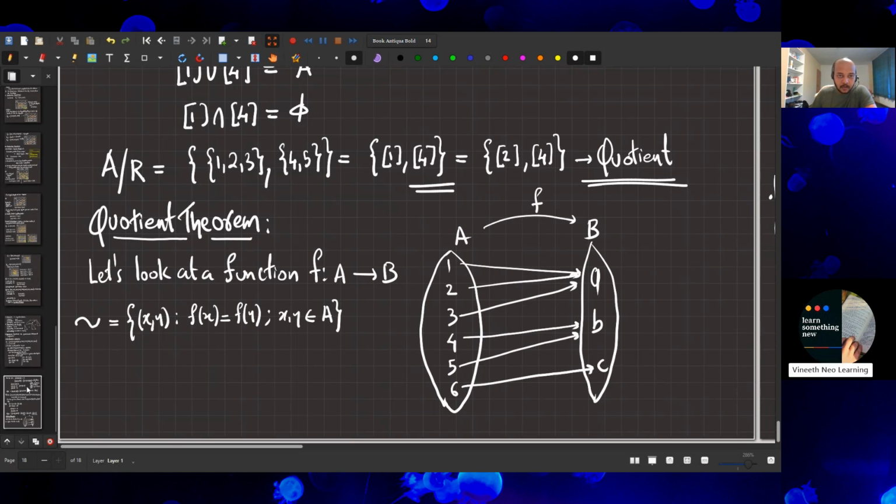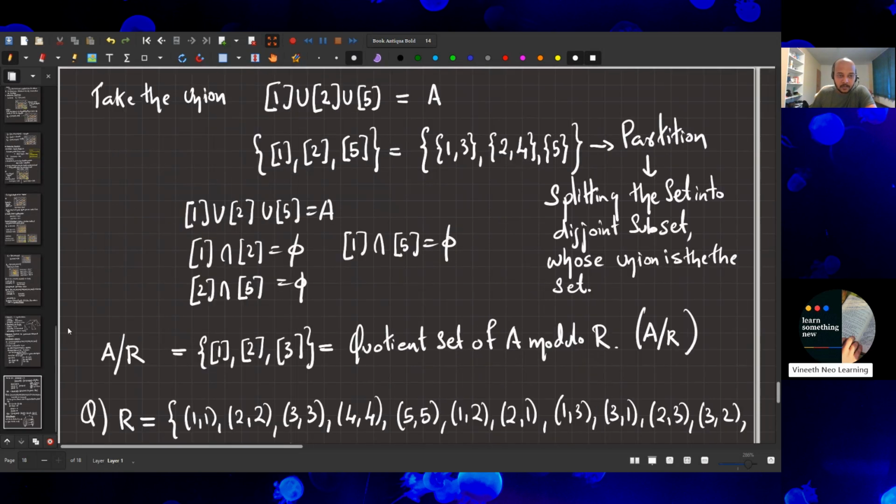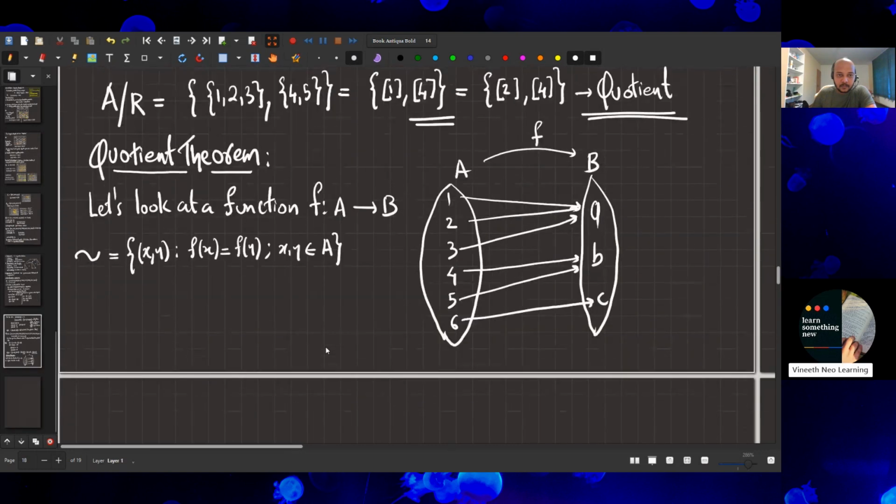I'll add a page below. (3, 3), (4, 4), (5, 5), and (6, 6).